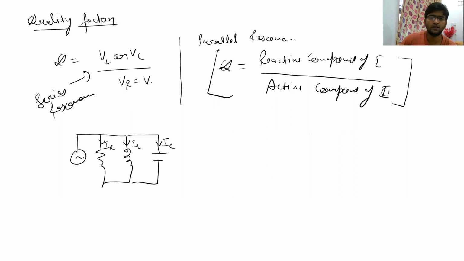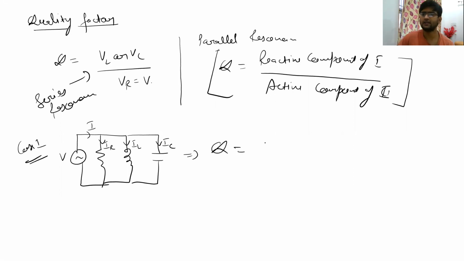And the total current which was entering this circuit, let me call it as I, and this is V. So for this particular case 1 circuit, the value of our quality factor Q will be the reactive component of I. So either we can take IL or IC, IL or IC divided by the active component, and which is the active component? It is basically IR, and at resonance this IR is equal to the total current I. Clear?